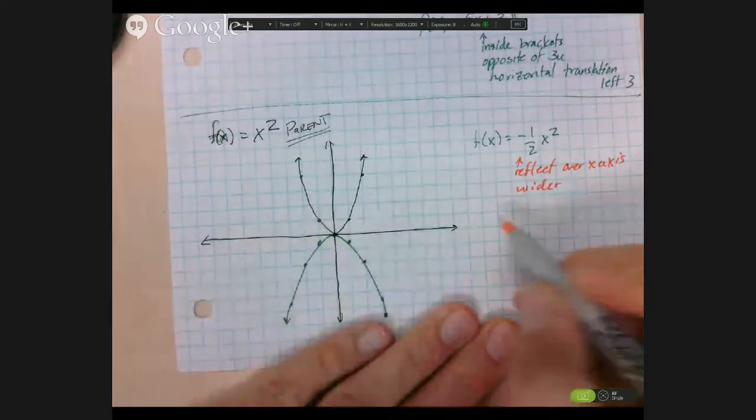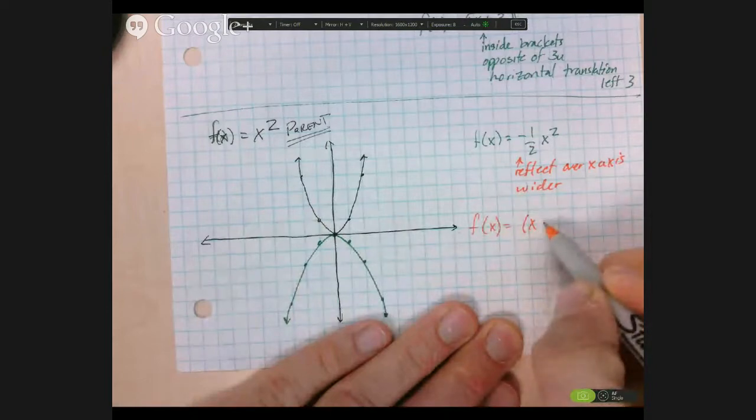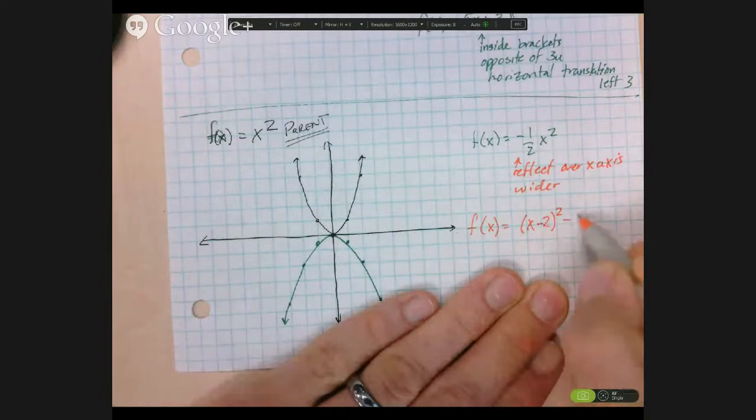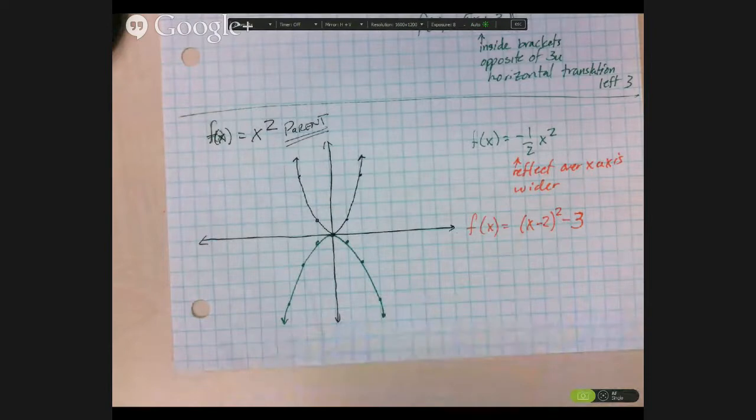All right. We'll start combining them a little bit. So the goal here would be for you to be able to look at that and say it goes this direction and this direction.